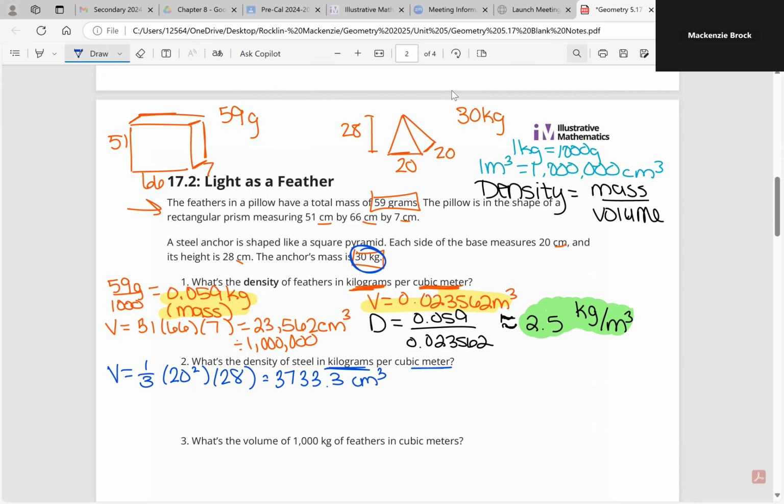But I need this in cubic meters, so go ahead and divide by that 1 million. And the volume is 0.0037, and then you have a bunch of threes repeating. You can write as much as you want. You need to at least have 3 threes on there. All right, so there's my volume. And then my mass is 30. So density is equal to mass over volume.